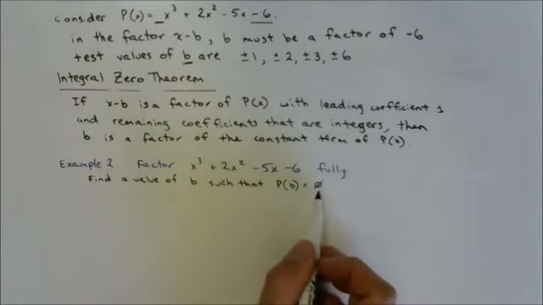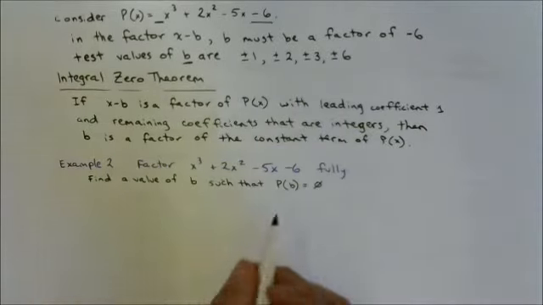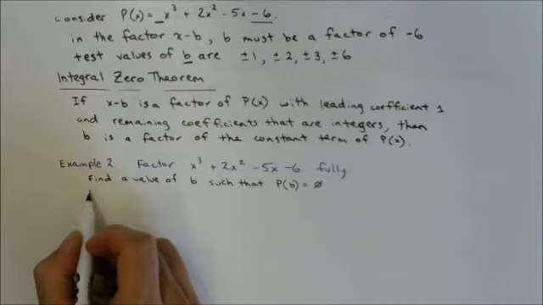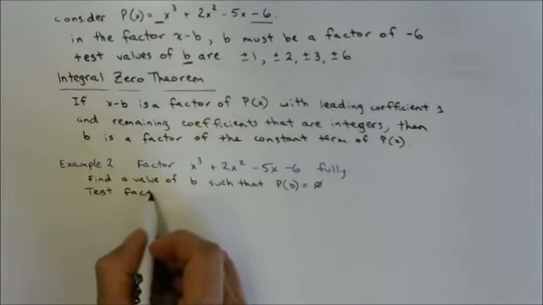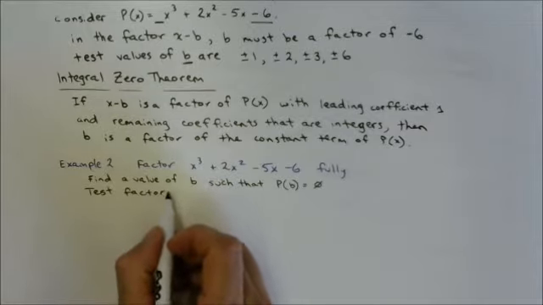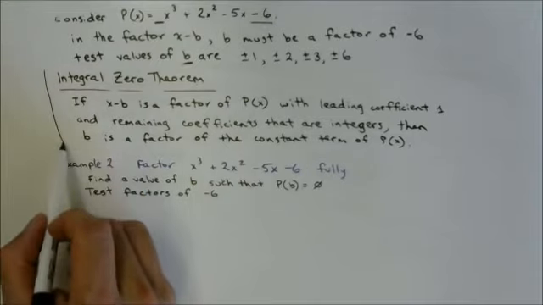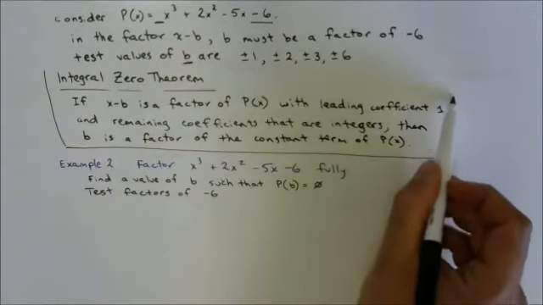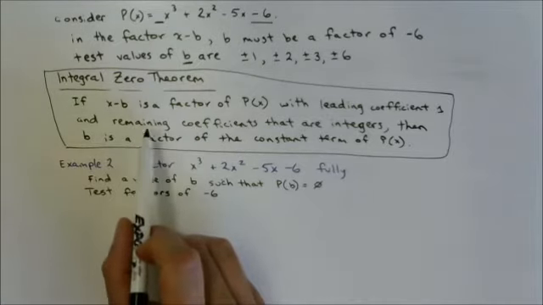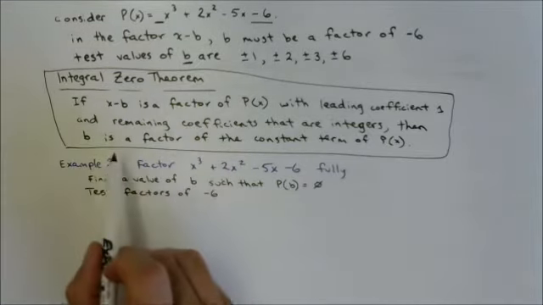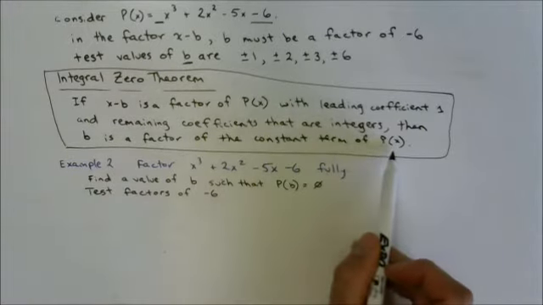If the remainder is 0, then x minus b is a factor. And now we know which things to test. We're going to test factors of -6. That's what our integral zero theorem says: b needs to be a factor of the constant term of p of x.